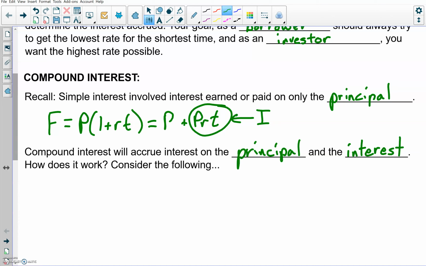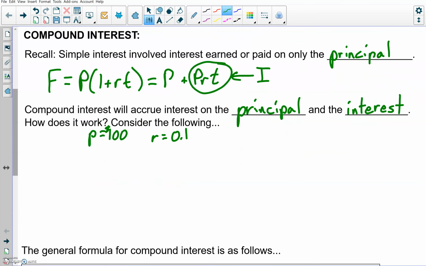Well, let's consider the following. Let's assume that you have $100 and your rate is going to be 0.1, so 10%. When you start out, you put $100 in. At the end of 1 year, you will have 100 plus 100 times 0.1, your initial plus the interest.